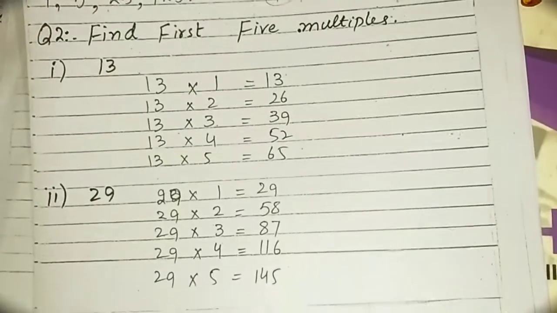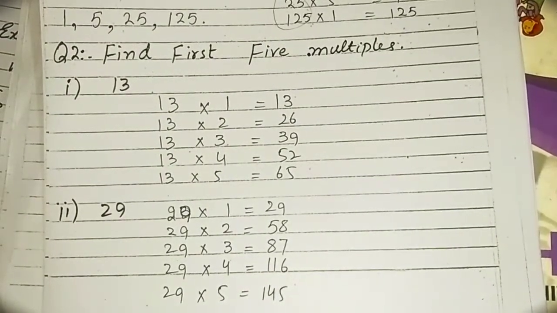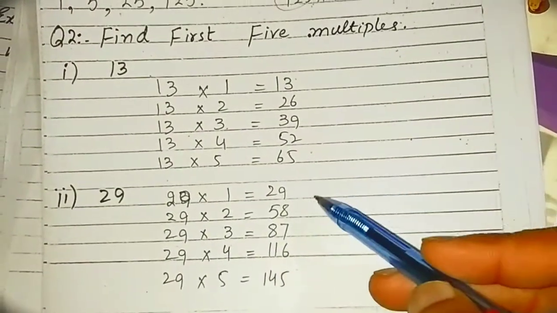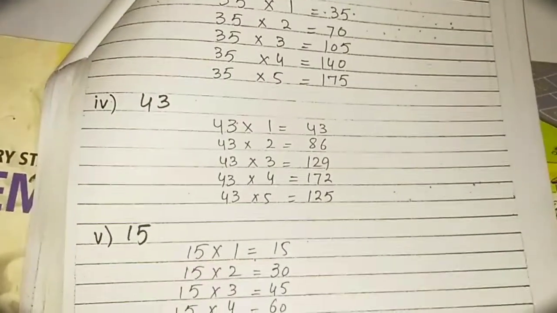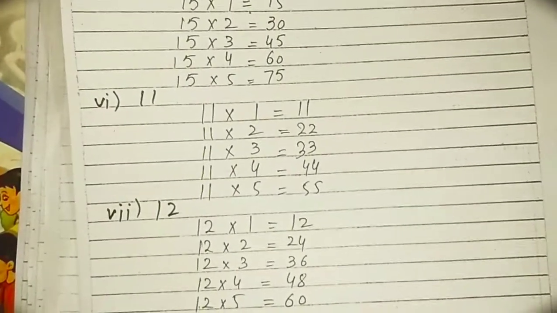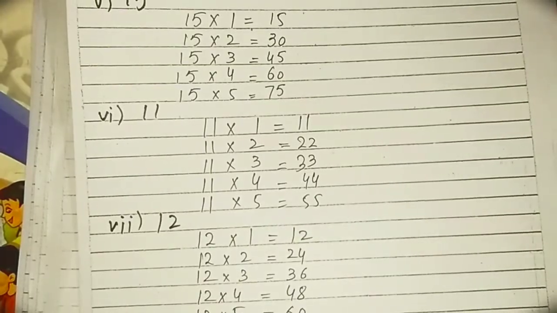In part 2 you have to find the first 5 multiples of 29, means you have to read the table of 29 up to 5. Here you are provided with the solution. Part 3, Part 4, Part 5, Part 6 and Part 7 are also the same, means you have to read the table of that number up to 5.